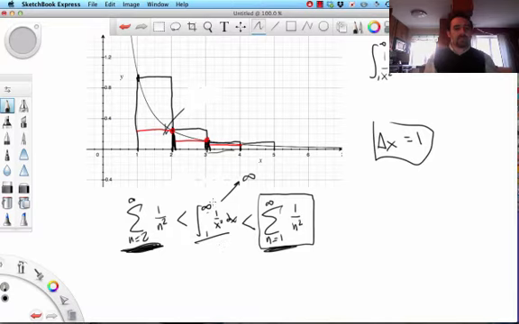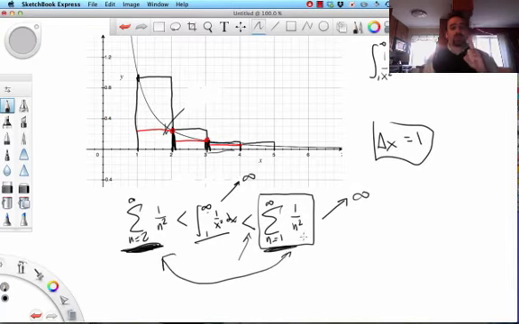Remember, this is less than this Riemann sum, so if this goes to infinity, that forces the value that's bigger than it to also go to infinity. But the upper and the lower differ by only one number, so the lower goes to infinity too. If the middle goes to infinity, they all go to infinity. If the middle goes to a number, they all go to a number.